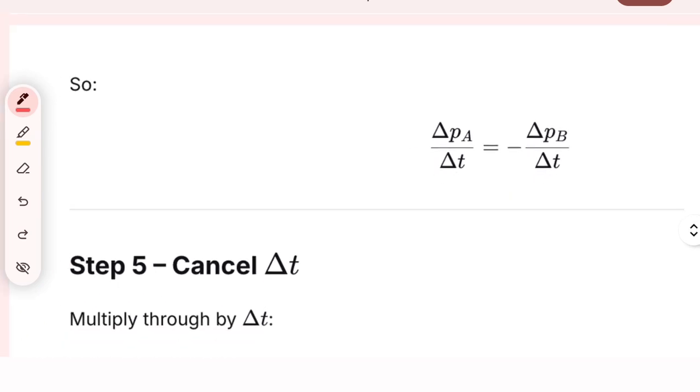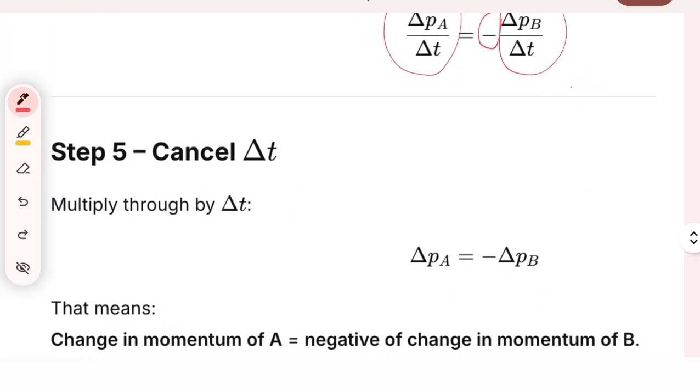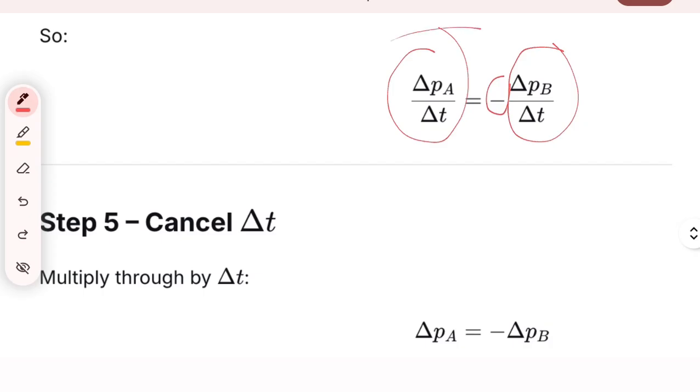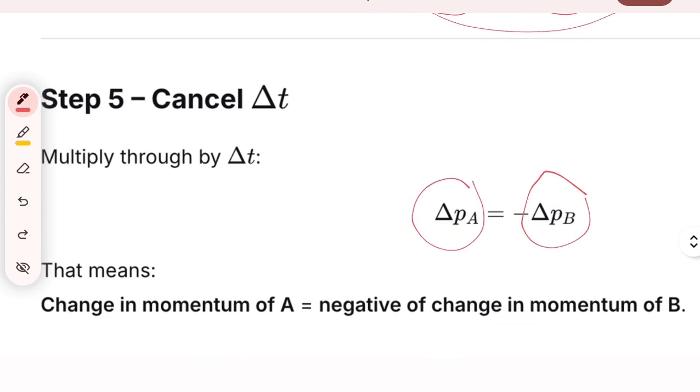So this is one of the forces. It is equal to the other force, but acting in the opposite direction. That is why it is negative. And so in step 5, we can cancel out delta t, because we equated these, so we can cancel out both delta t. What is left is delta momentum on A and the delta momentum on B, negative.